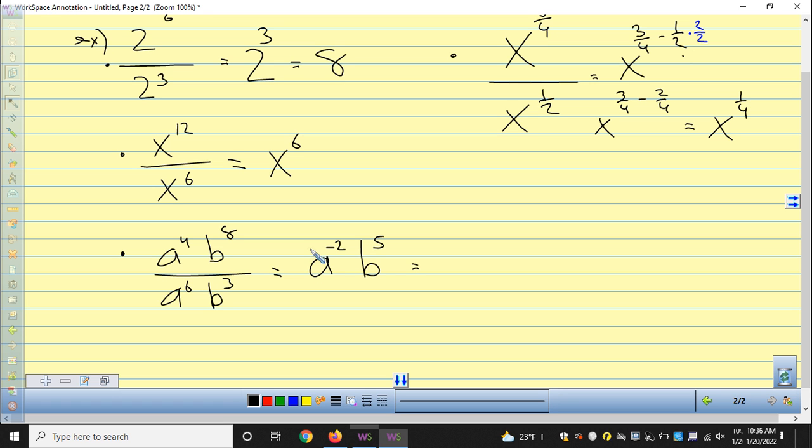What are we going to do with that a to the -2? Yeah? We're turning it into a fraction. So this goes to the bottom, and what happens to our exponent? Turns positive. So we get b to the 5th over a squared. And this would be my final answer.